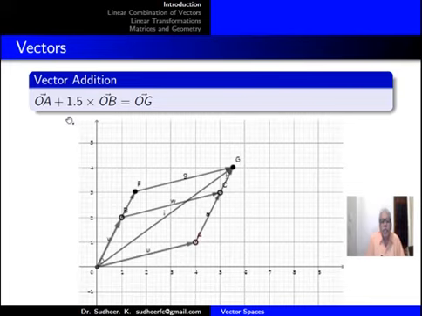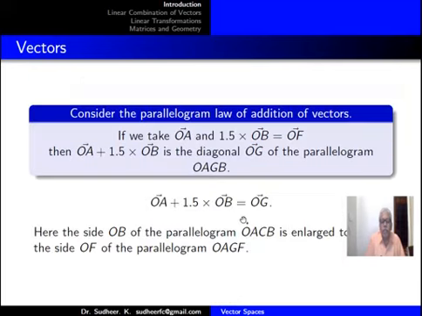The sum of the two vectors OA and 1.5 OB will be the diagonal OG of the parallelogram OAGF. So we say OA plus 1.5 OB equal to OG, where OG is the diagonal of the parallelogram OAGF.